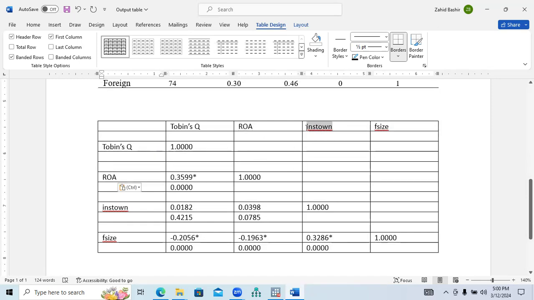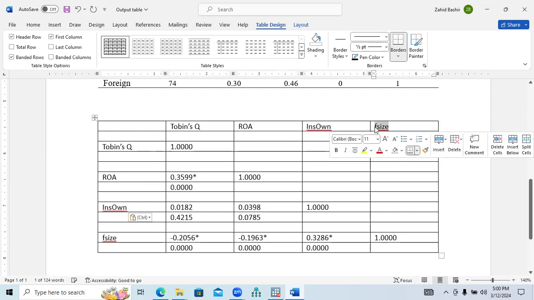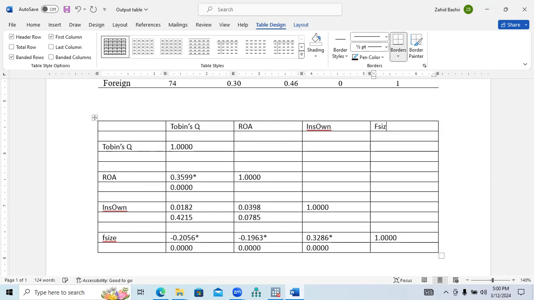And write here institutional ownership. I can put it here. In the same way, I can write here firm size, and I can also put it here.